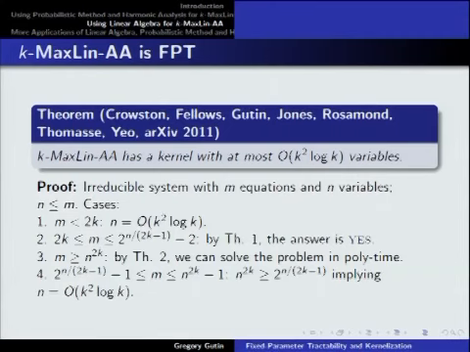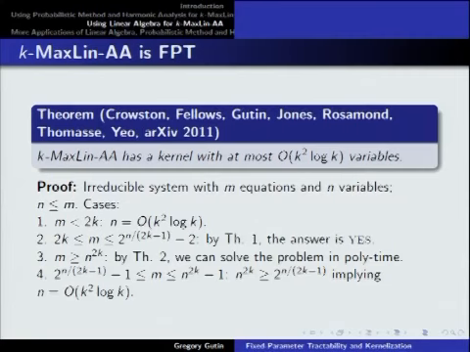On the other hand, if m is more or equal than that function, then we can solve the problem in polynomial time. Why? Because we replace 2n to the power of k in the runtime by m, and so we get a polynomial time algorithm.